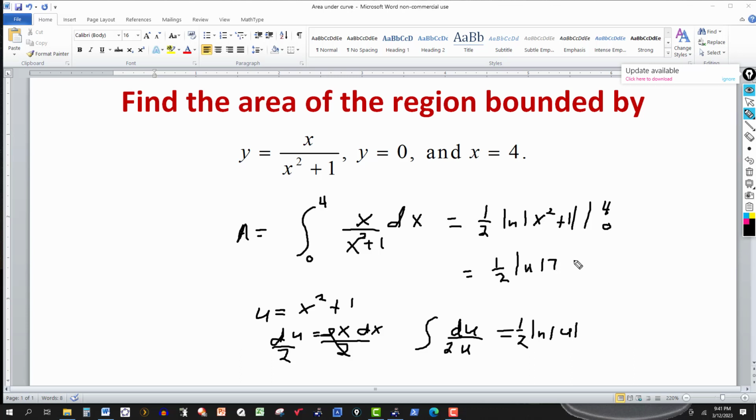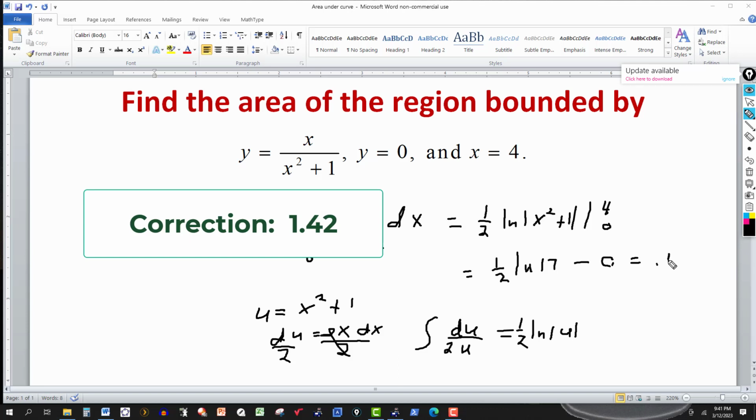And this will be minus, evaluate this thing at 0. Log of 0 plus 1 is 1. Log of 1 is 0, times 1/2 is still going to be 0. So all we have here is 1/2 natural log of 17. So if you do that on your calculator, the area comes out to 0.42. And that's square units. And that's your solution to that one.